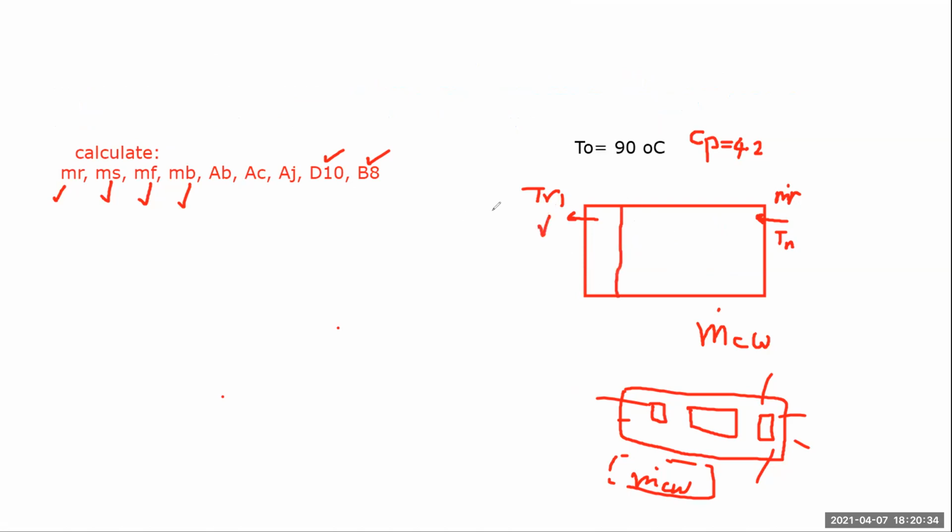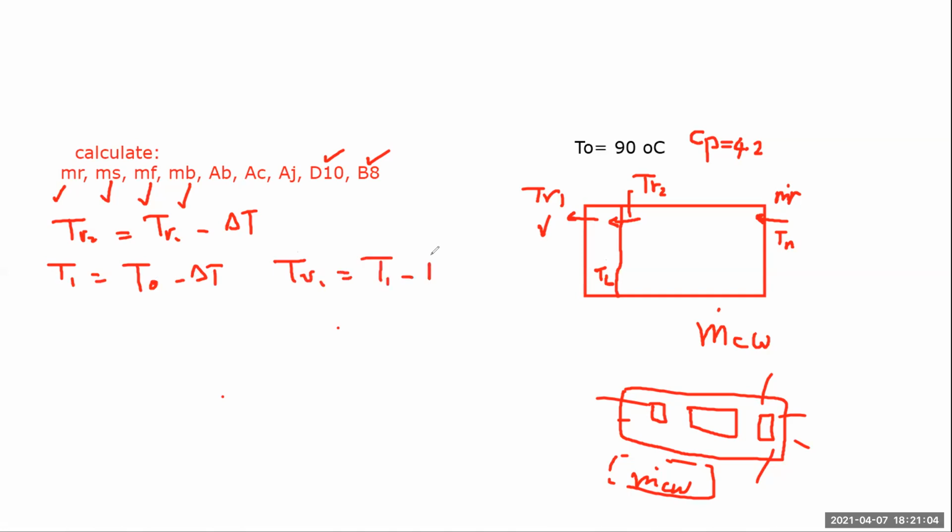We know the value of TR1. The value entering here is nothing but TR2. And normally, TR2 is equal to TR1 minus delta T. The temperature here is T1. T1 is T naught minus delta T. And TV1 is T1 minus the boiling point elevation.